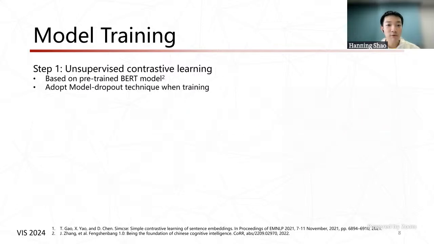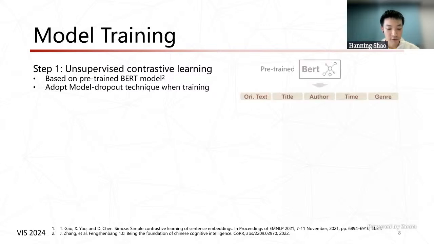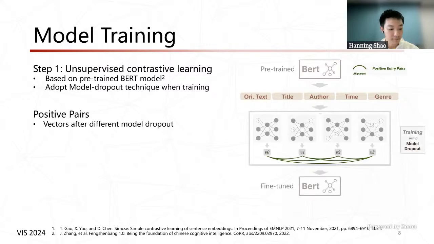For the unsupervised contrastive learning, we use the model dropout technique to construct the positive pairs, where the model will randomly ignore the outputs of a small part of the network.